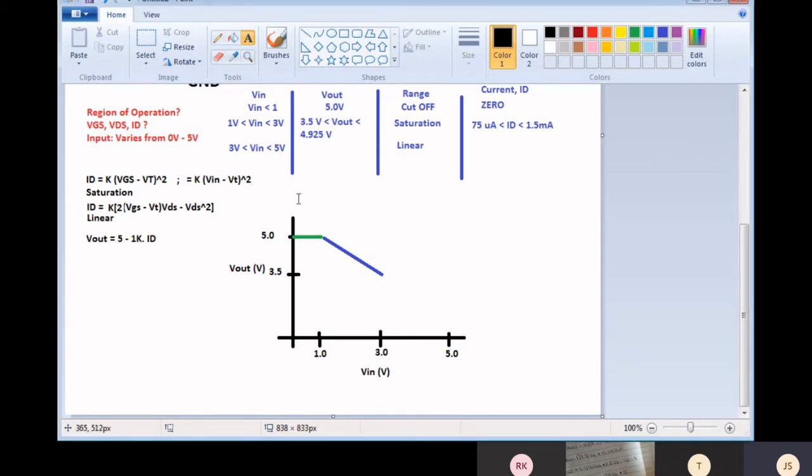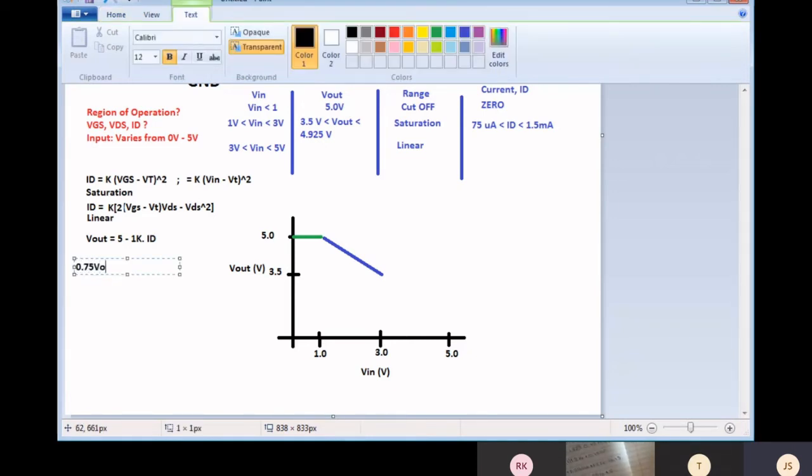So let me write the output equation. 0.75 V naught minus 1.5. So 1.5 VGS is going to be V in, correct? V in minus VT, and then plus 5 equal to 0.